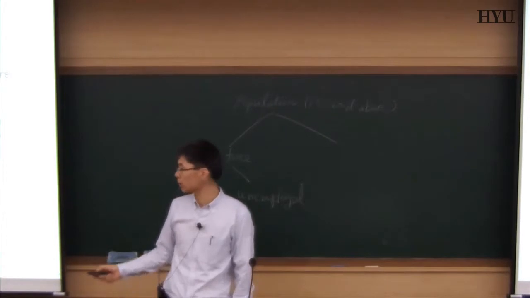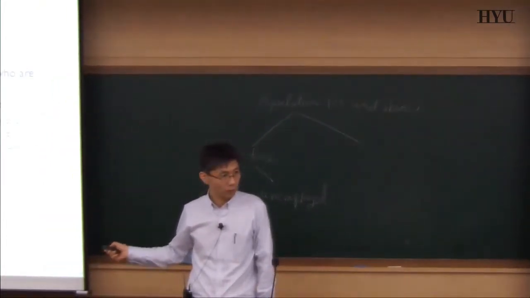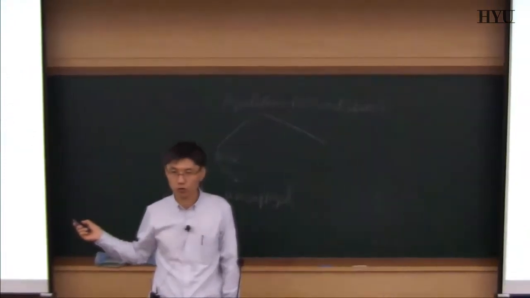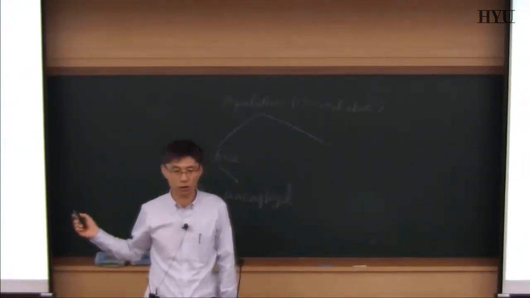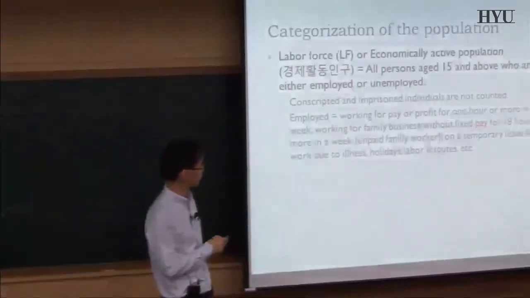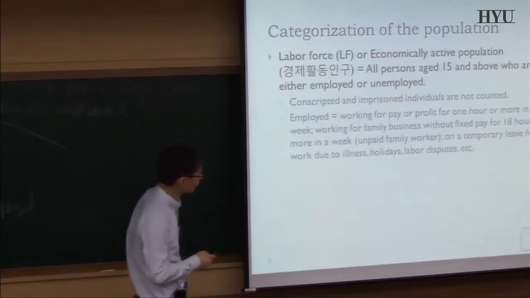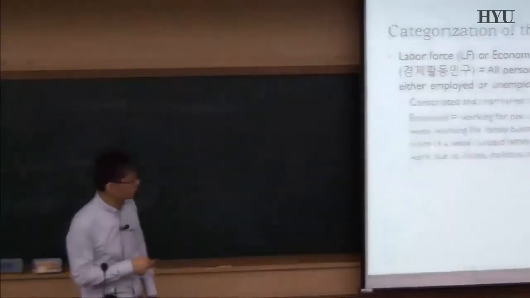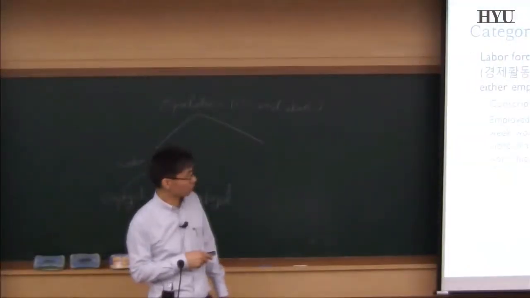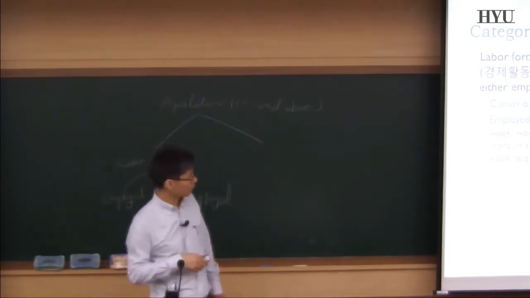Okay? Then this person is still employed. Okay? Questions? So when we say employed, basically means the first one, working for pay or profit. Okay? And then the others, we need it because actually the situations other than this actually happens in the real world.